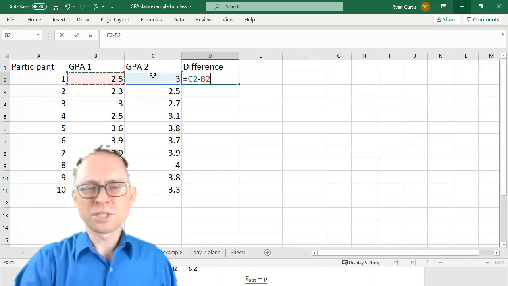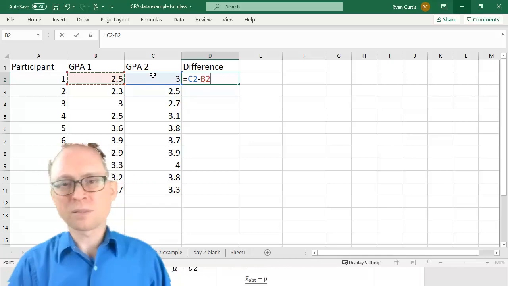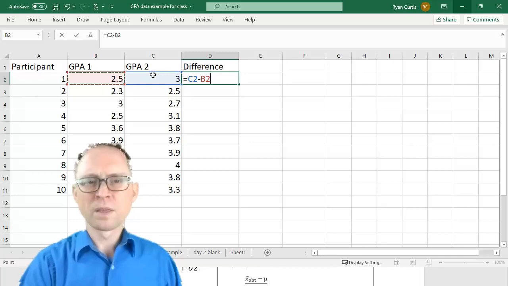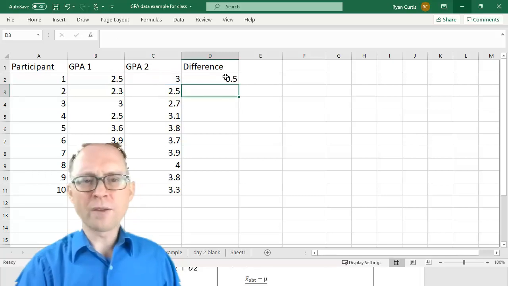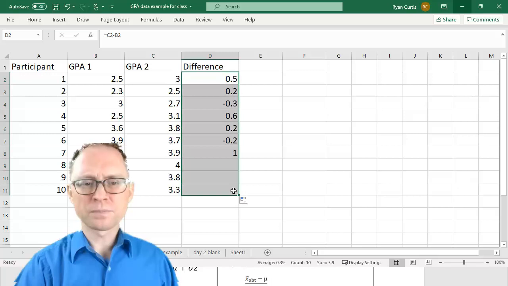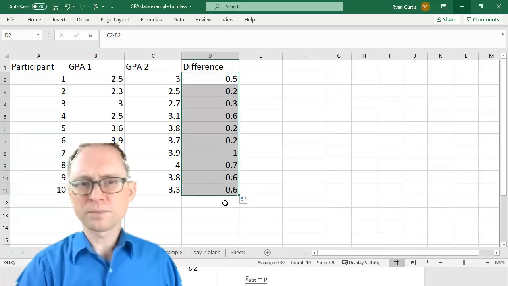So you'll see what that'll do in just a second. But traditionally, you do the second and then minus the first. So 0.5 is the difference between 3 and 2.5. 3 minus 2.5 equals 0.5, the difference. And then I do that for everybody. Okay? That is the difference.